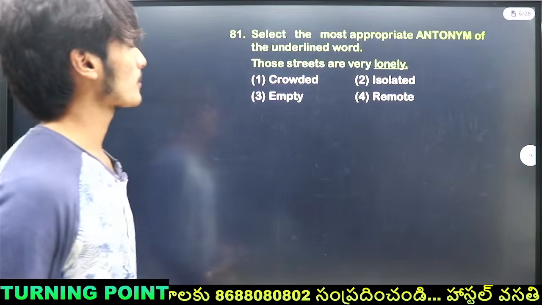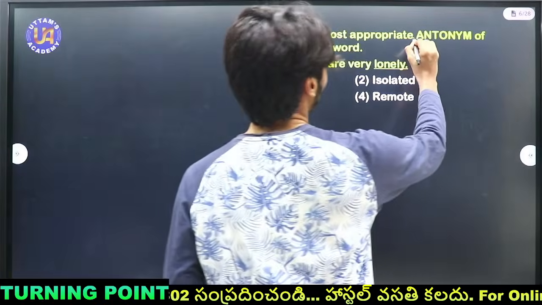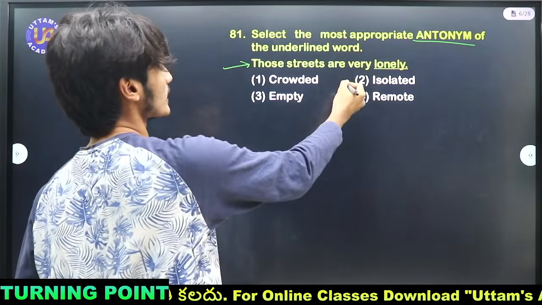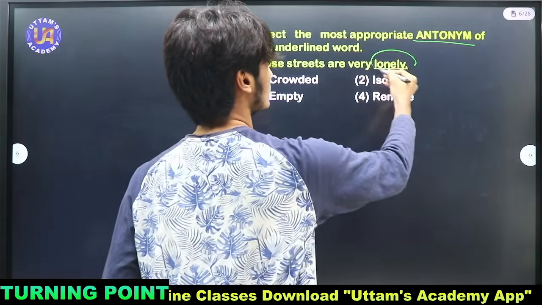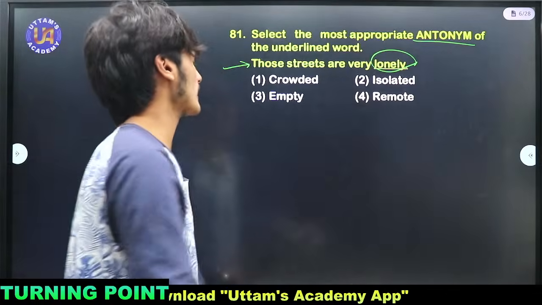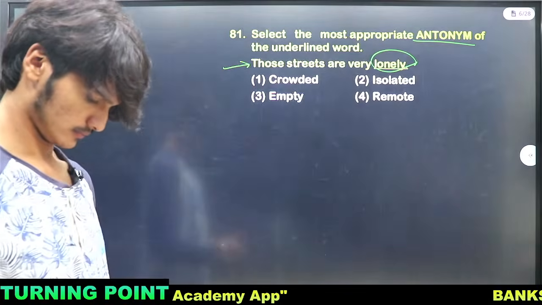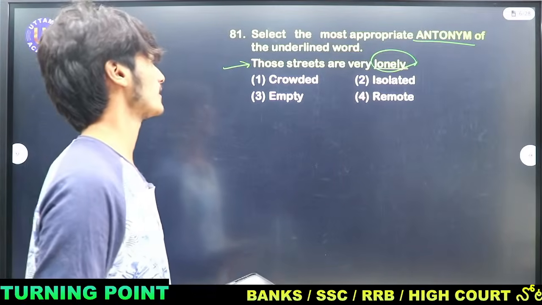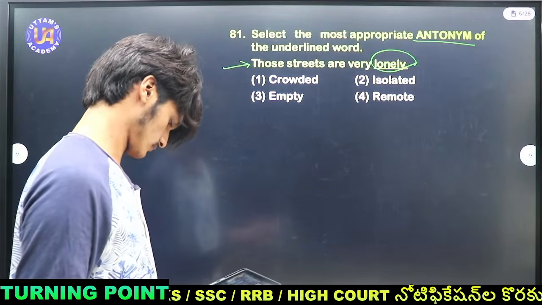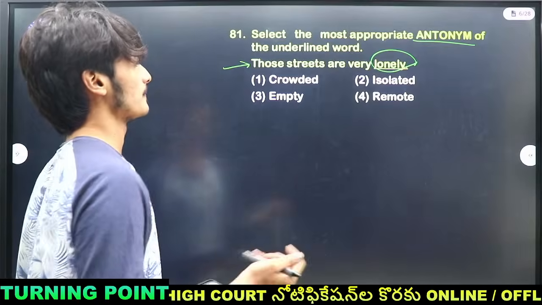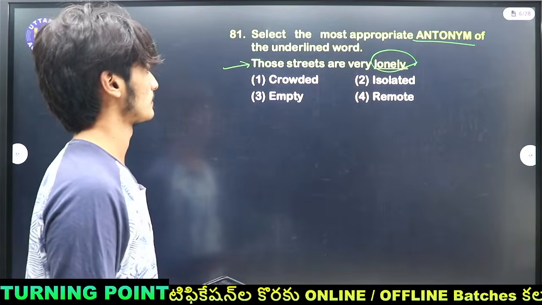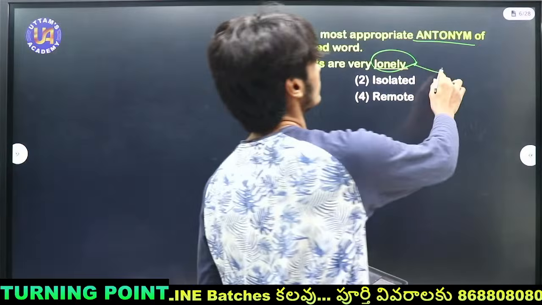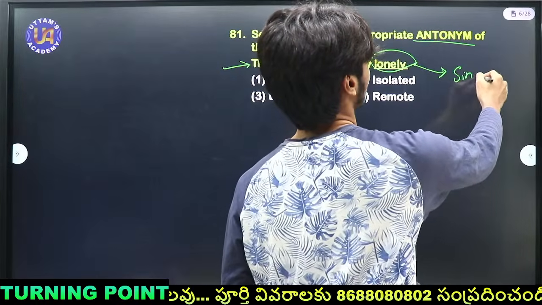Select the most appropriate antonym of the underlined word. Antonym means opposite, and the sentence goes: those streets were very lonely. Opposite of the word lonely is... Lucky says crowded. Anudipti says A. What does the word lonely mean? Lonely means single, alone.